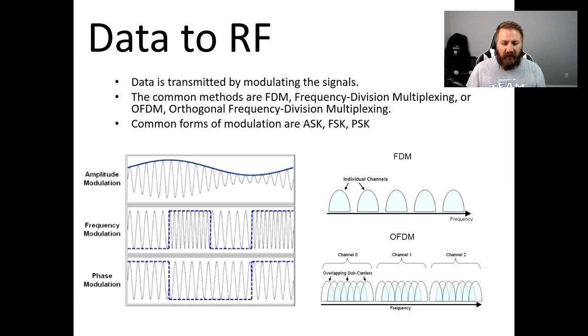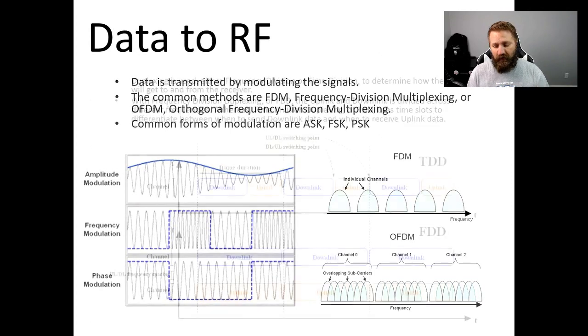Basically, we're modifying the frequency just a tiny bit, or the amplitude or the phase, just enough to determine whether it's a 0 or a 1. So we're modifying the radio wave to understand which binary piece of data we want to send. And this is all happening very, very quickly.